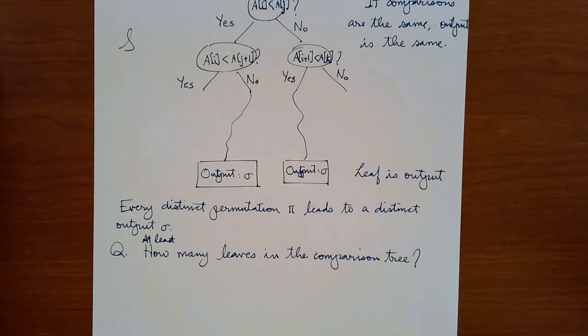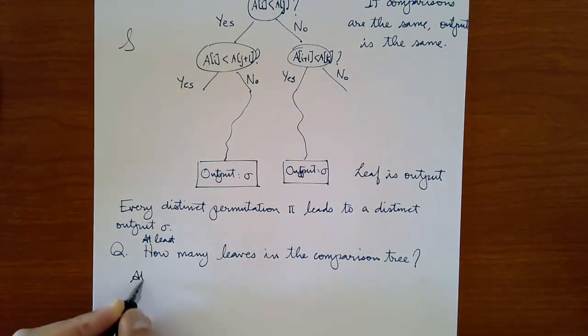Yes, anyone? Right? So the answer has been posted in the chat, but does everybody see? Someone want to comment? How many leaves? Well, you have at least one leaf for every permutation, right?